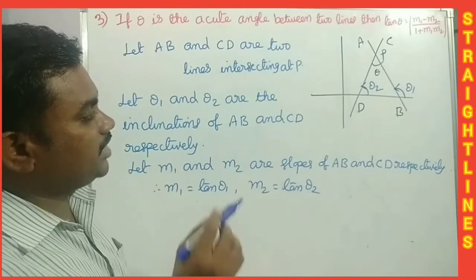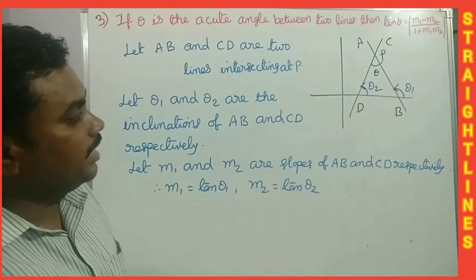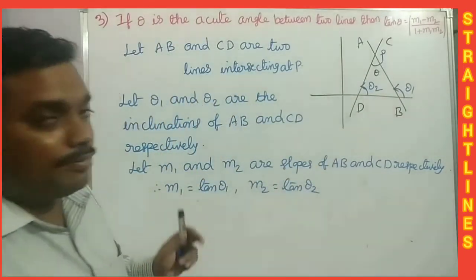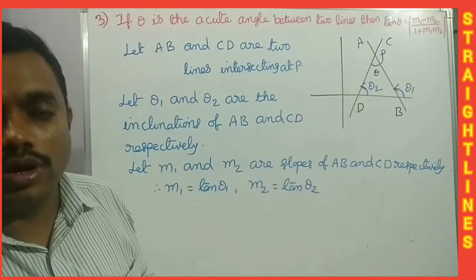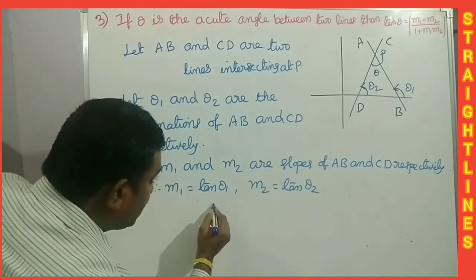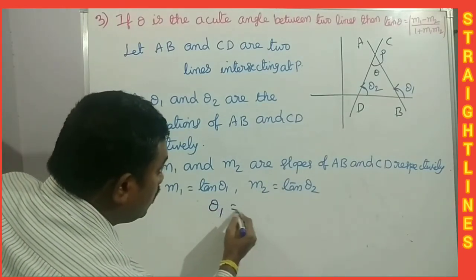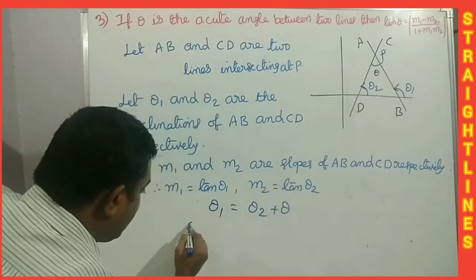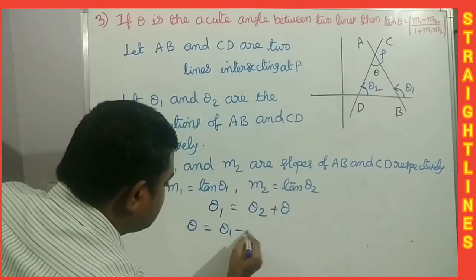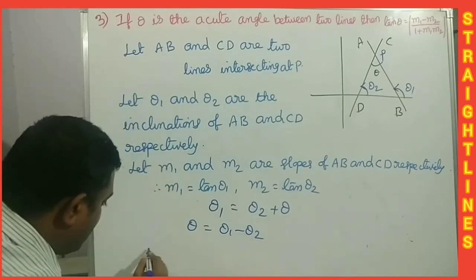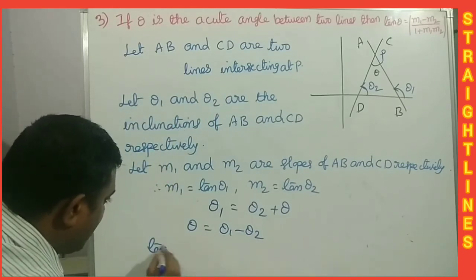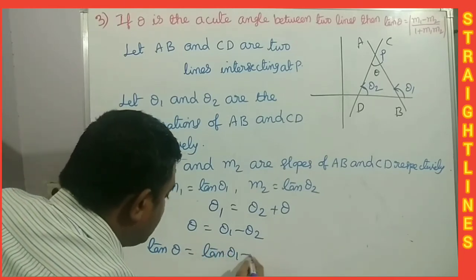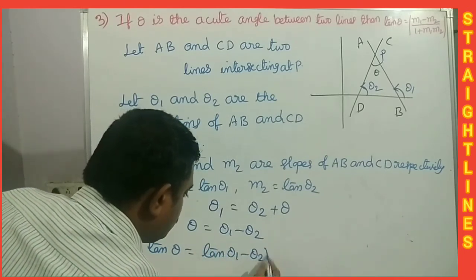In the triangle, theta 1 is called the exterior angle and theta 2 and theta are called interior angles. The sum of the interior angles equal to the exterior angle. So, theta 1 equal to theta 2 plus theta. So, theta equal to theta 1 minus theta 2. Take tan on both sides. Tan theta equal to tan of theta 1 minus theta 2.